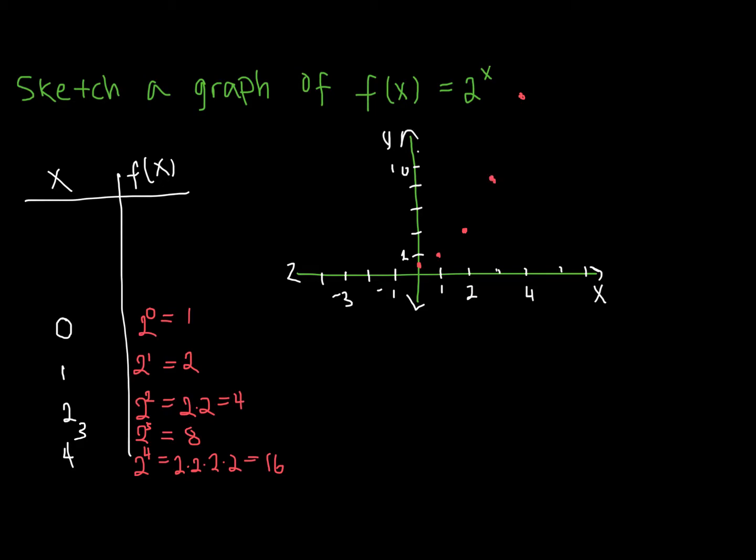And so we can start to see the basic pattern here. What's important is to realize that we can actually plug in negative values. So let's try -1. Now, this may be something that you've forgotten, so we'll make sure we review it here. So I have 2 to the -1 power.